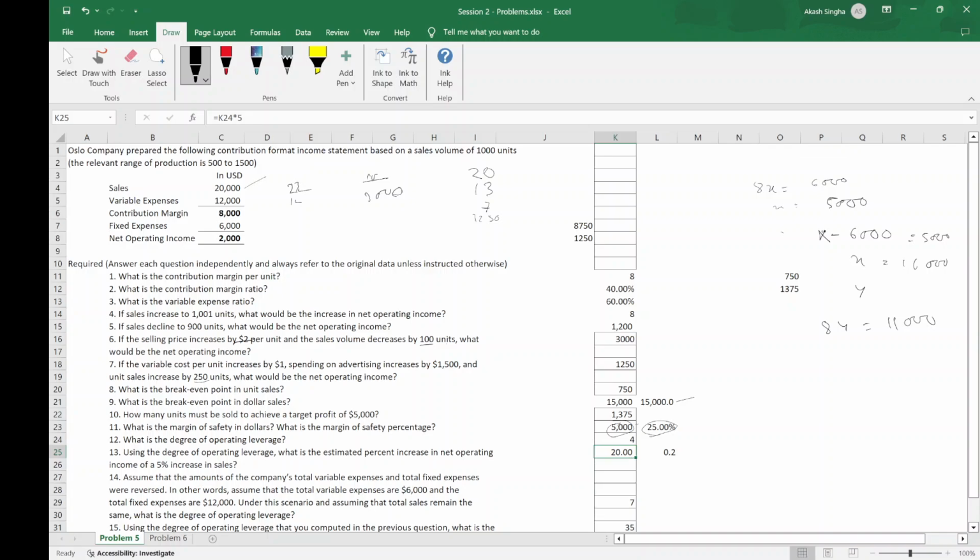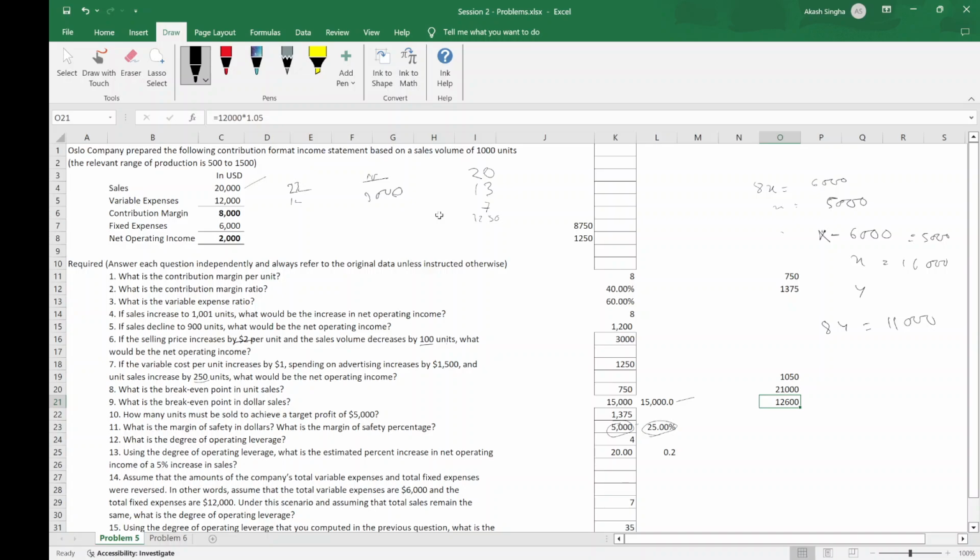And if you want to know how I did it, if the sales is increased by 5%, it is going to be 20,000 into 1.05. So this will be the new sales. And variable expense will also change in the same way because the sales units have increased. So now we are selling 1050 units, right? And per unit $20, so 21,000 is our revenue, and $12 per unit is variable expense.